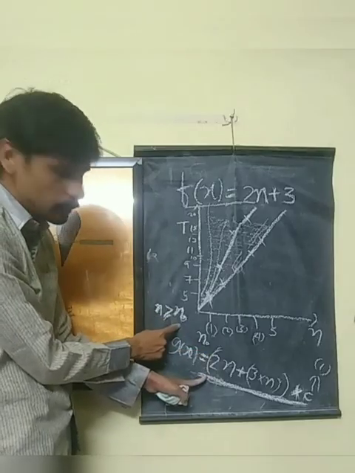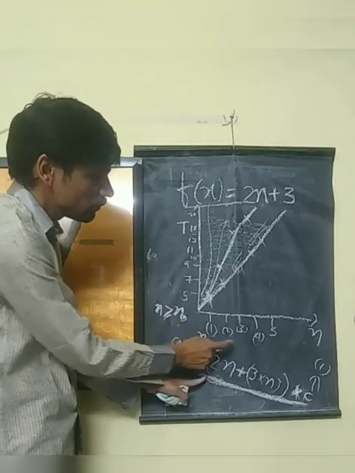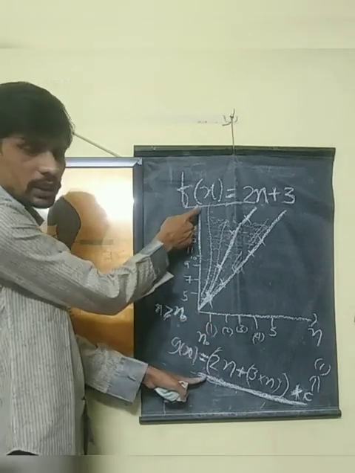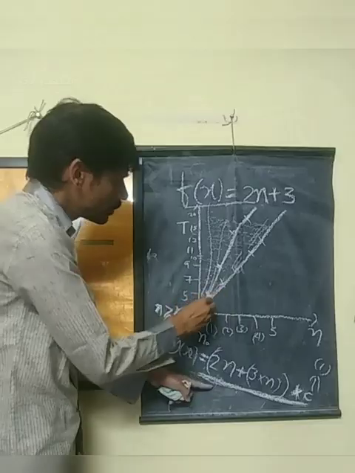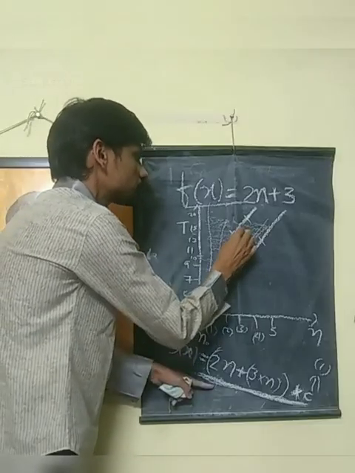After that, what exactly did we do? We found n0, and we passed the same input here, and we found this line.